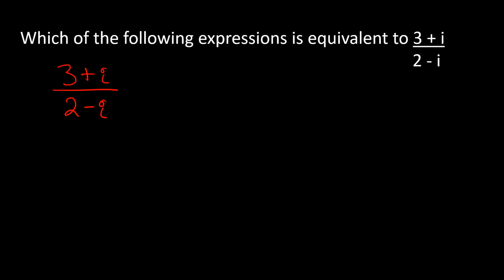To do that, this is going to be new for us in this class. You would have learned how to do this in Algebra 1 for sure, but we need to multiply this equation by the conjugate of the denominator. And if you'll recall, conjugates are simply the same expression, but if there was subtraction in the middle, now it becomes addition.